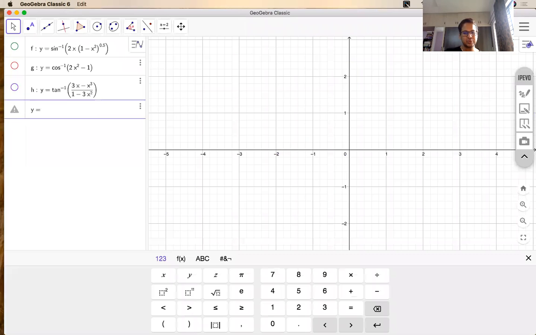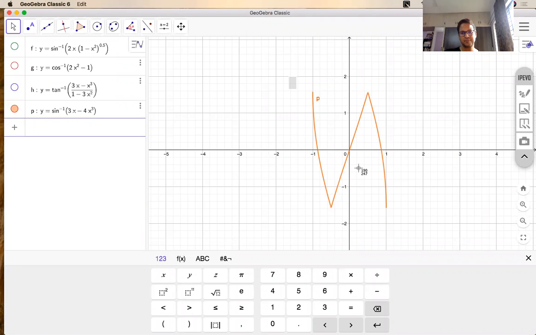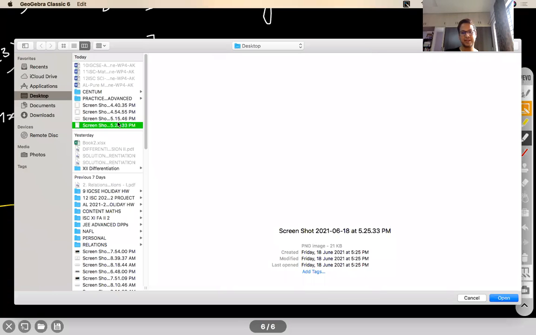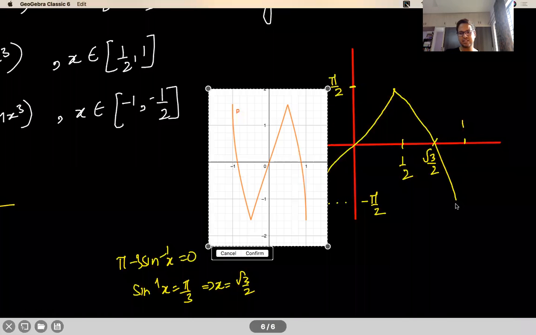y is equal to arc sine of 3x minus 4x cubed. There you go. Yeah, this is how the graph will look like.